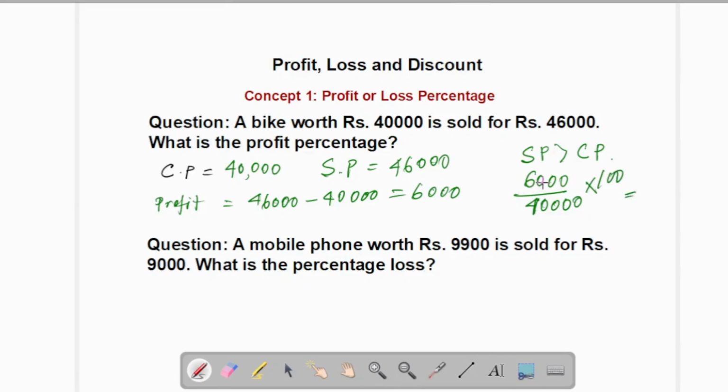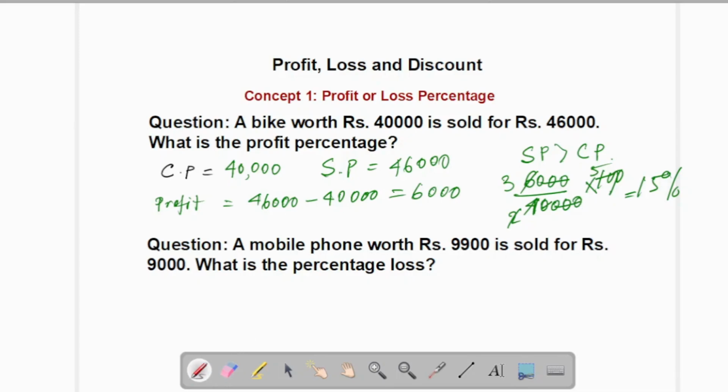Cancelling out the zeros, we get around 15%. Since it is a positive value, the seller of the bike is making a 15% profit out of this deal. Hope you understood. Now coming to the next question.